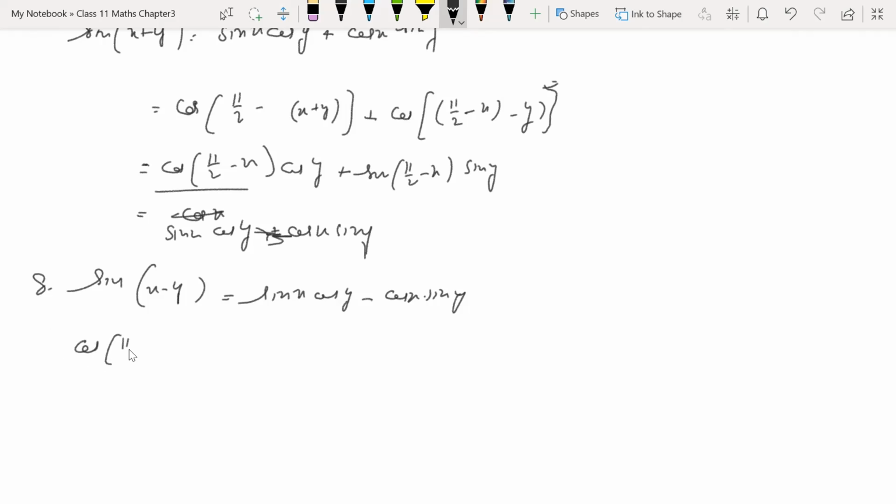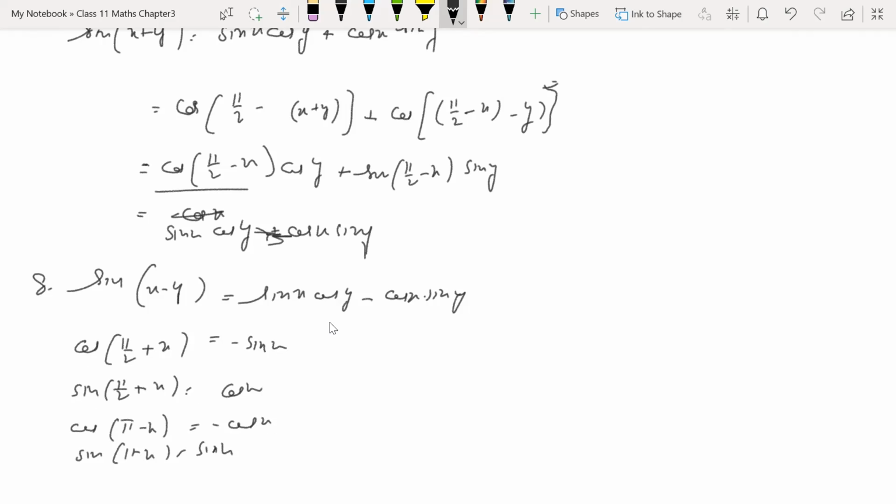Cos of pi by 2 plus x is equal to minus sin x, and sin of pi by 2 plus x is equal to cos x. Cos of pi minus x is equal to minus cos x. Sin of pi minus x is equal to sin x, and cos of pi plus x is minus cos x.